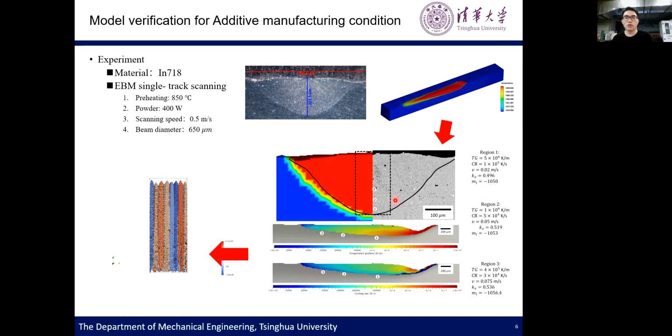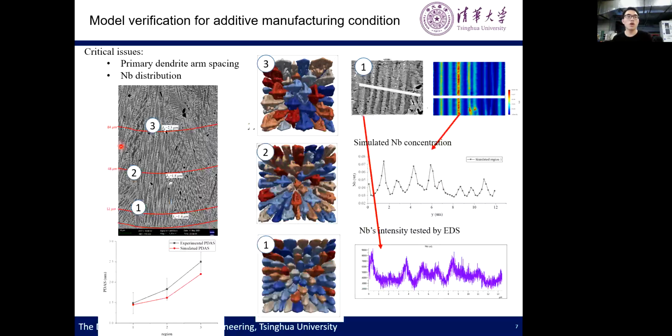Here, we use the solidification velocity dependent partition coefficient and liquidus slope so that we can take solute trapping into consideration. We compared the simulation results and the experimental results.